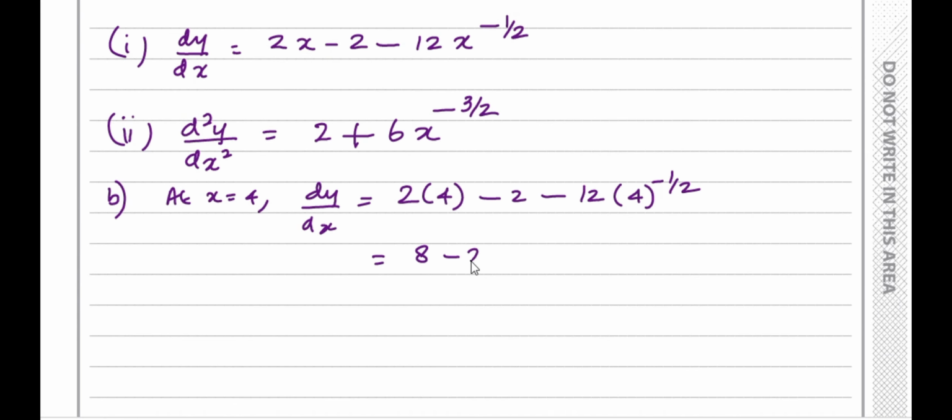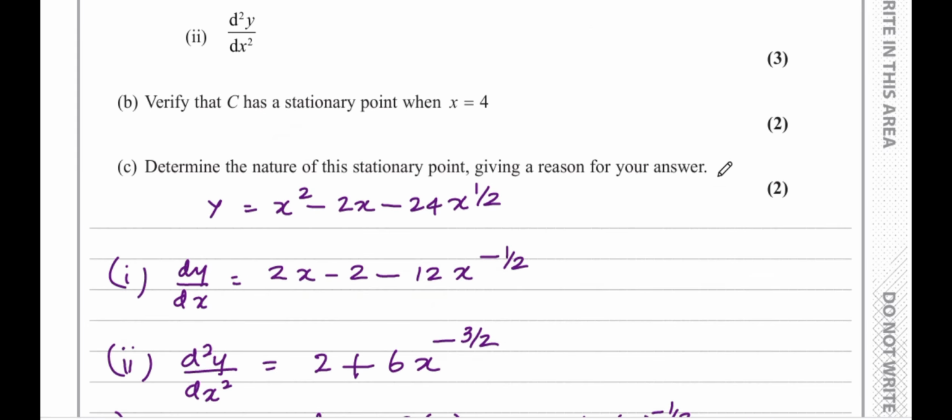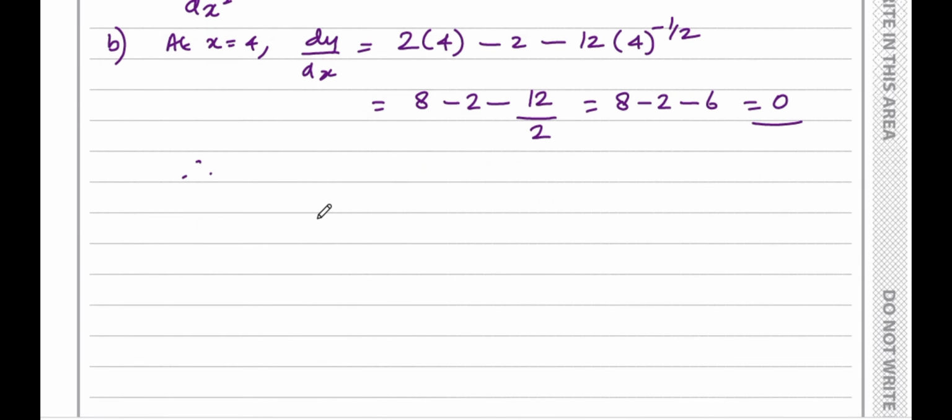This is 8 minus 2 minus 12 over square root of 4 in the denominator, which is 2 here, which means 8 minus 2 minus 6, which is equal to 0. Therefore, at x is equal to 4, C has a stationary point.